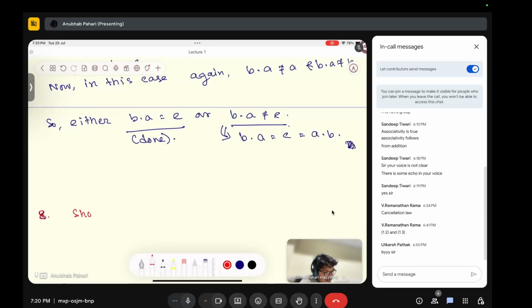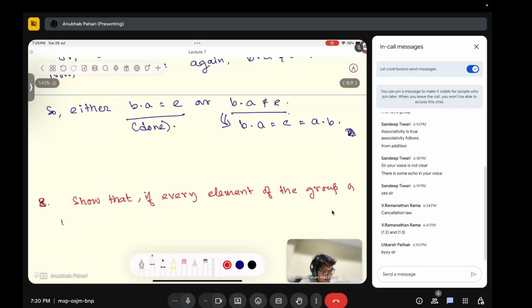Show that if every element of the group G is its own inverse, then G is abelian.